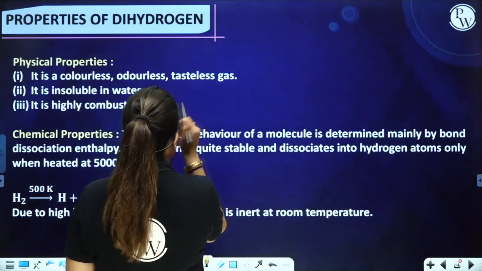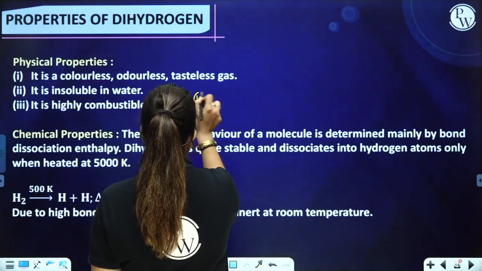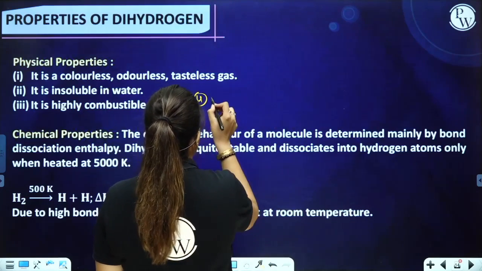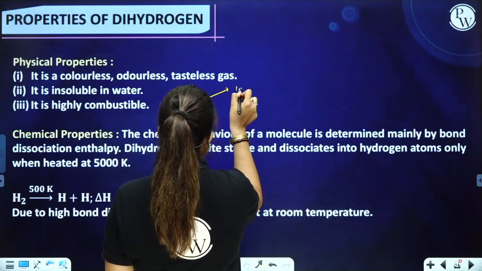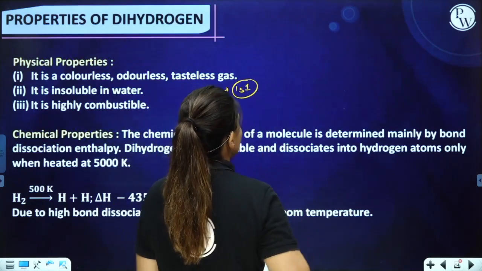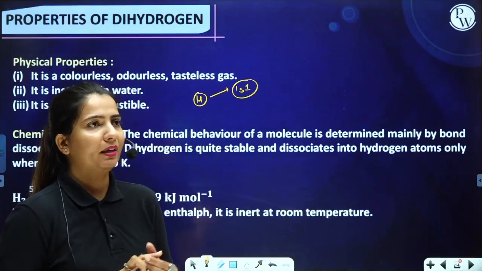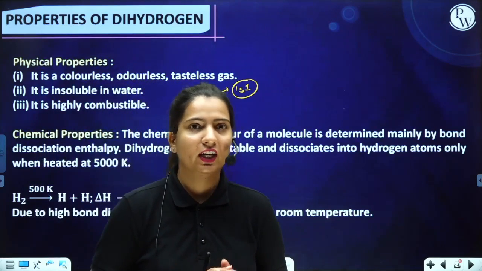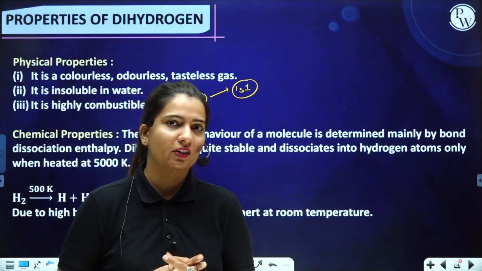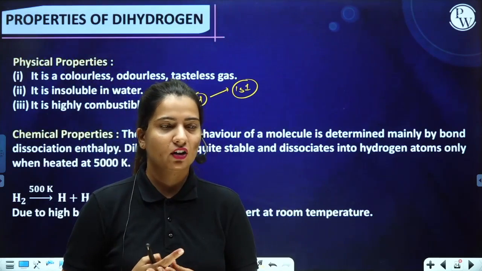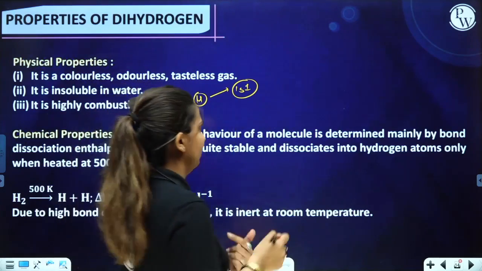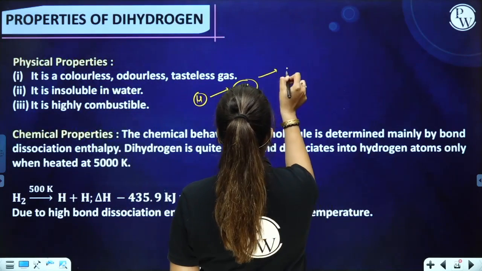Let's talk about hydrogen. Hydrogen has the electronic configuration 1s1. So it can show its chemical behavior in three domains. It can accept one electron, it can donate one electron, and it can even share that electron.